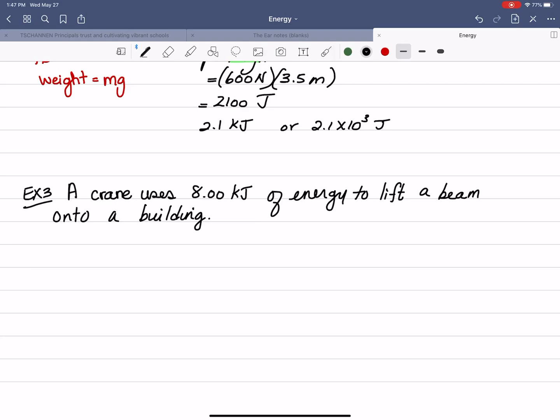And we want to know, if the beam weighs 125 kilograms, how high is the building?